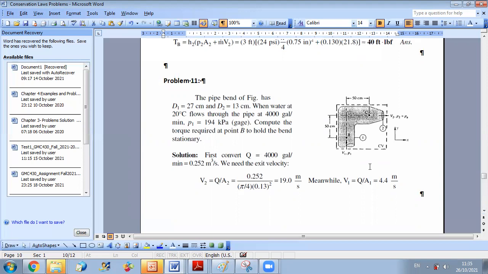Compute the torque required at point B to hold the bend fixed. Please remember always that I should first draw the free-body diagram, put all forces acting on my system to be able then to apply my conservation laws. Here my system of interest is this pipe. So this is my control volume.